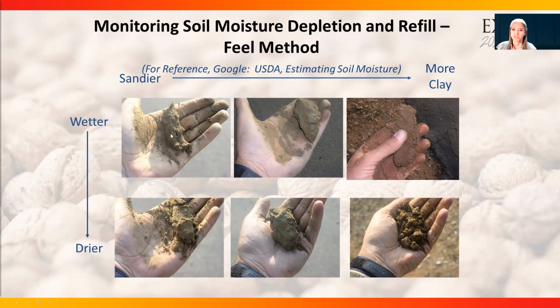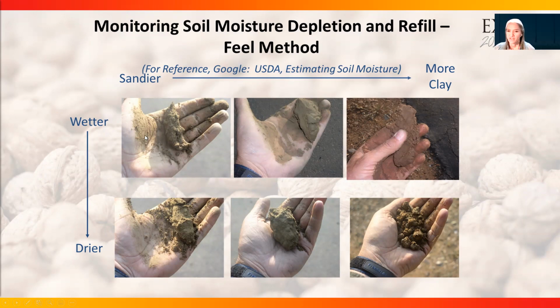The charts here show different levels of moisture from wetter to drier for different textures of soil, from sand to clay. When using this method, you try to form a ball in the palm of your hand. We're looking for how well that ball holds together and how much of an outline the soil leaves as it sticks to our hand.